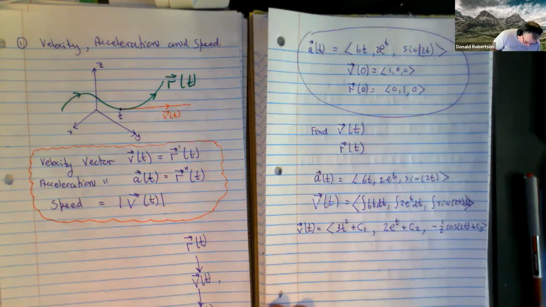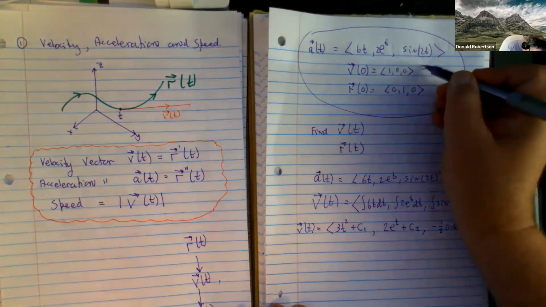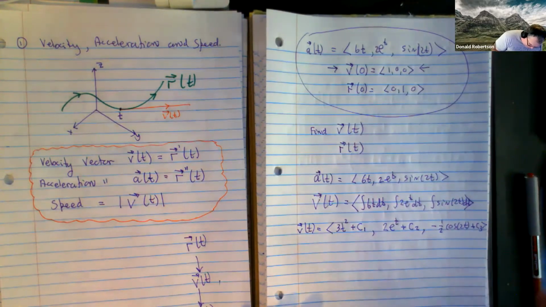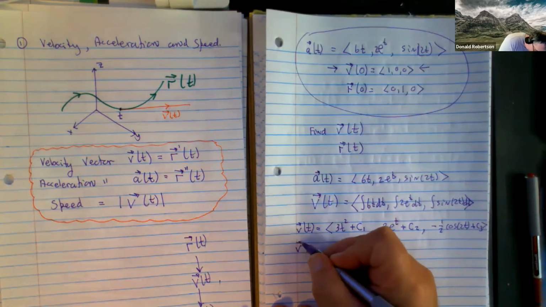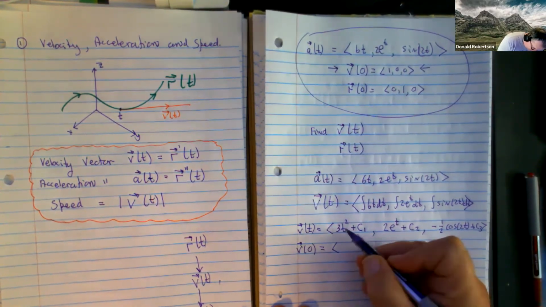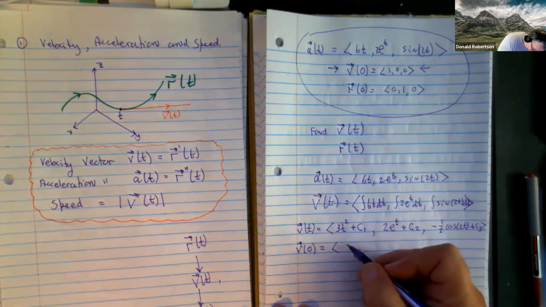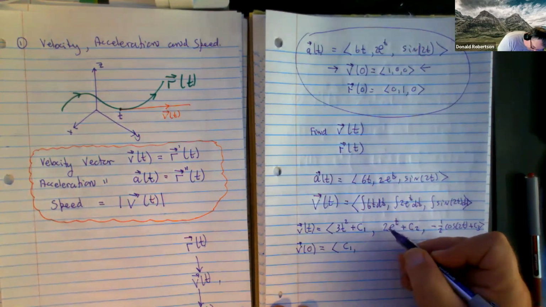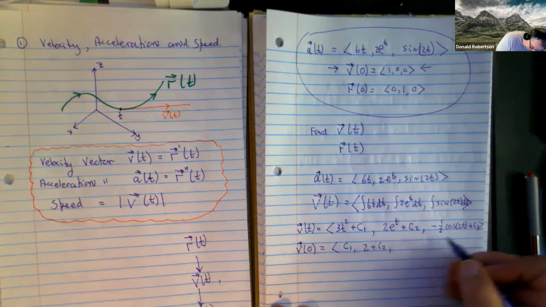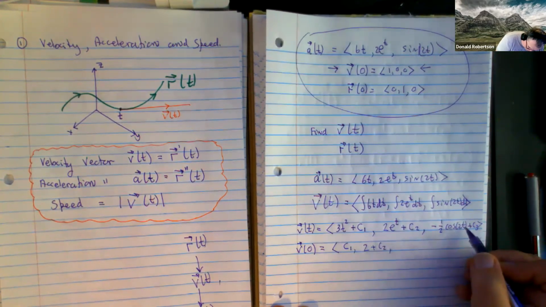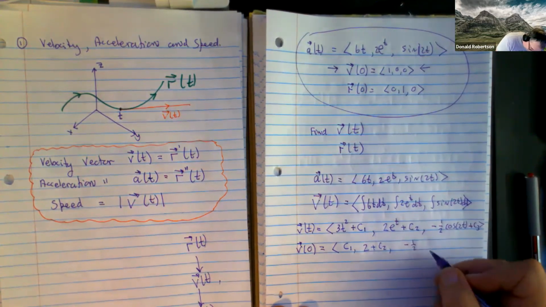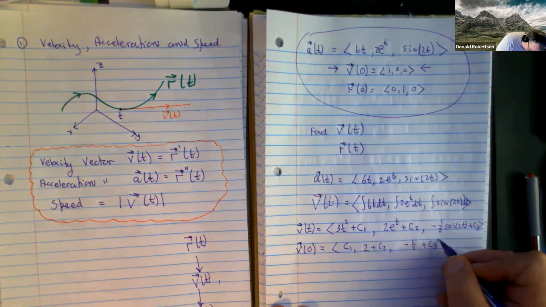And now we bring in the boundary condition that says the velocity at time 0, which in this case would be 3 lots of nothing squared plus C1, which is just C1, 2e to the nothing, which is 2, plus C2, and negative a half the cosine of nothing, which is negative a half, because cosine of nothing is 1, plus C3.